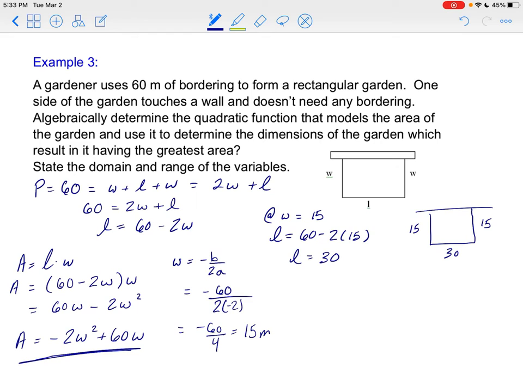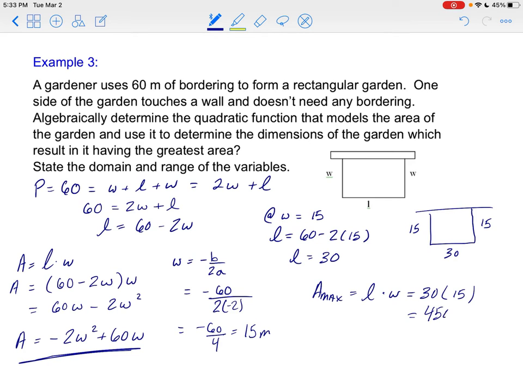Let's find out what the actual maximum area is by plugging in our w into our quadratic here. Why bother with doing that when we can just say, well, it's going to be length times the width, which is equal to 30 times 15.